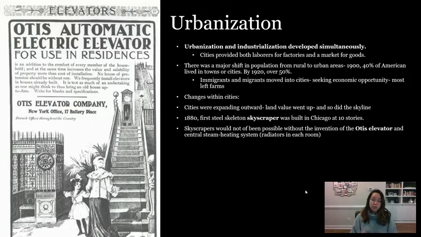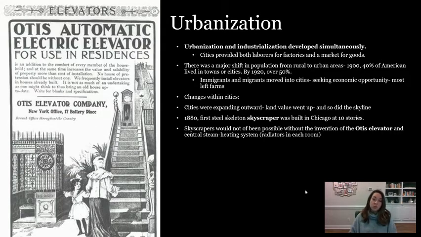So what they start to do is use steel, like the steel that's being produced by Carnegie, and they are building skyscrapers. A skyscraper is technically anything that is more than 10 stories. Before the elevator, you really didn't see buildings that were taller than 5 stories, because the taller you go, you have to be willing to walk up that many flights of stairs.